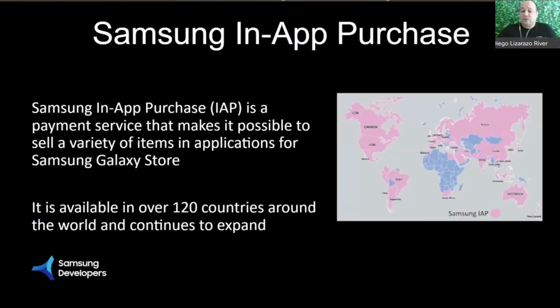So you could do it yourself, of course, but the Samsung in-app purchase SDK gives you the chance to use the existing infrastructure that we have with the Samsung Galaxy Store and reach more than 120 countries around the world.